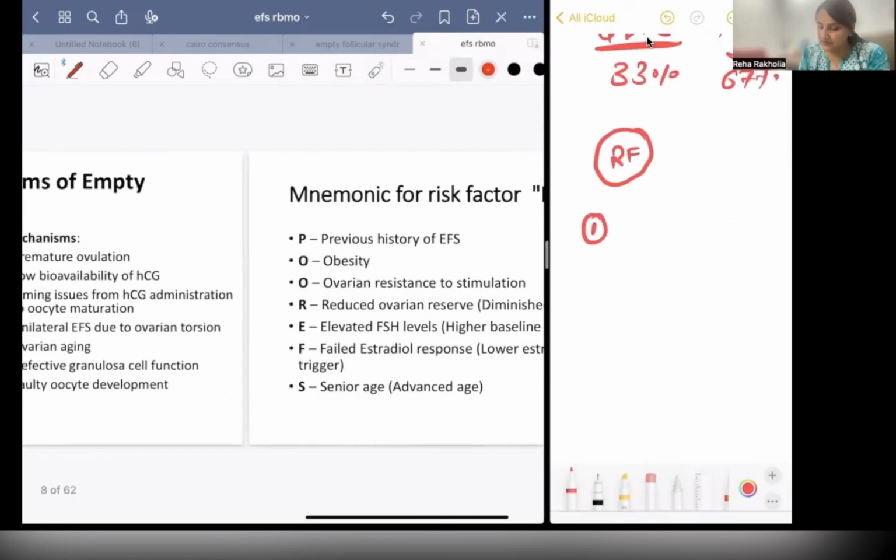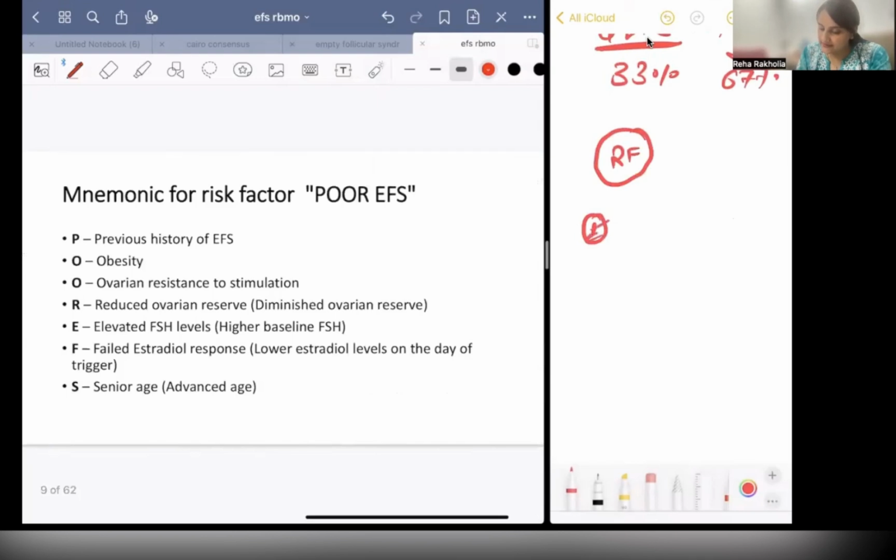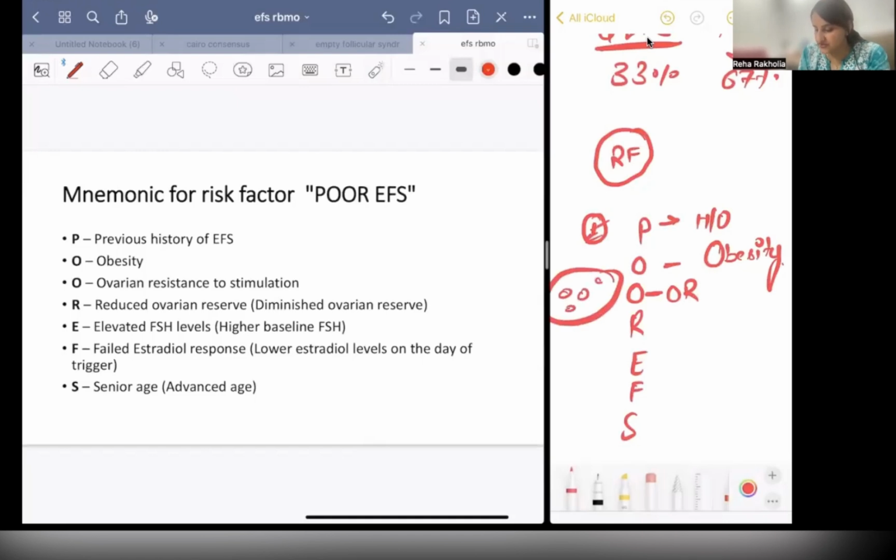This we can learn from a mnemonic, that is POOR EFS. P is poor previous history of empty follicular syndrome. O, obesity. These are the risk factors for empty follicular syndrome. O, ovarian resistance, ovaries' resistance to stimulation.